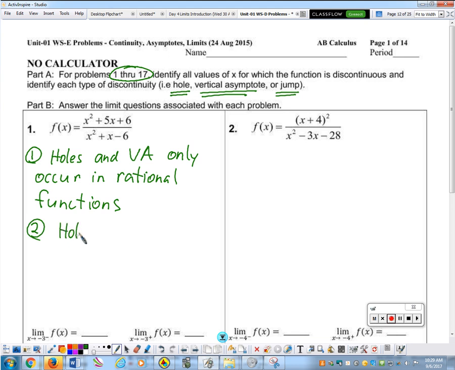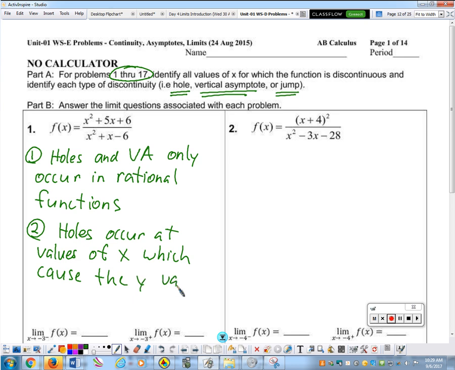Holes occur at values of x which cause the y value to become 0 divided by 0.